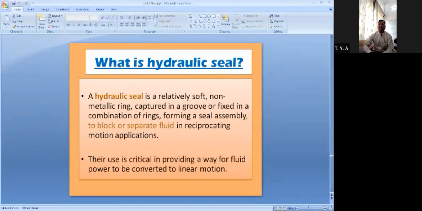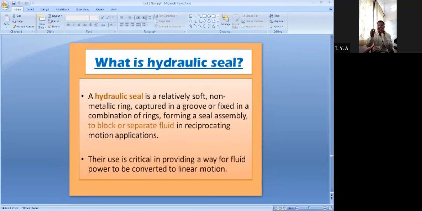Once again I will quickly revise what hydraulic seals are. For that purpose I have written on this slide: what is a hydraulic seal? A hydraulic seal is a relatively soft non-metallic ring which is captured or mounted in a groove, or fixed in a combination of rings, forming a seal assembly.